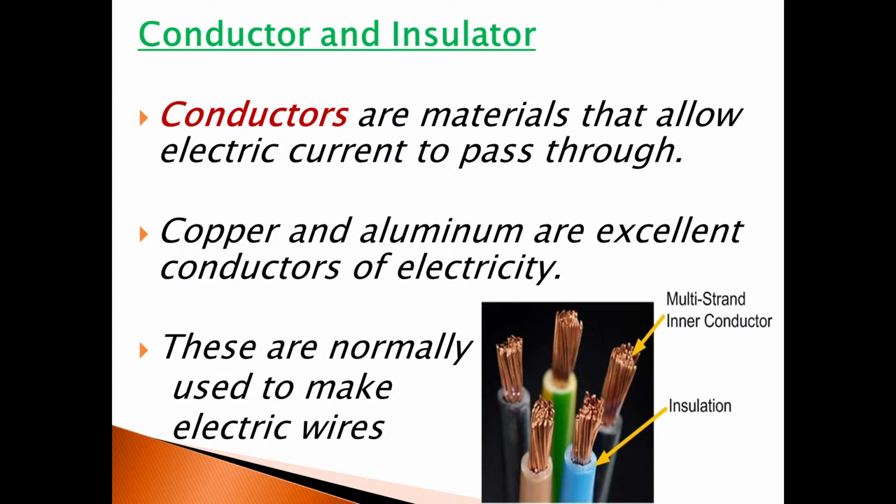Then we want to reduce as much as possible the exposure of wires or cables that have some form of electricity in them. So that means we would be focusing on conductors and insulators. Insulators, for example, are used if you don't want the electricity to pass from one object to another.